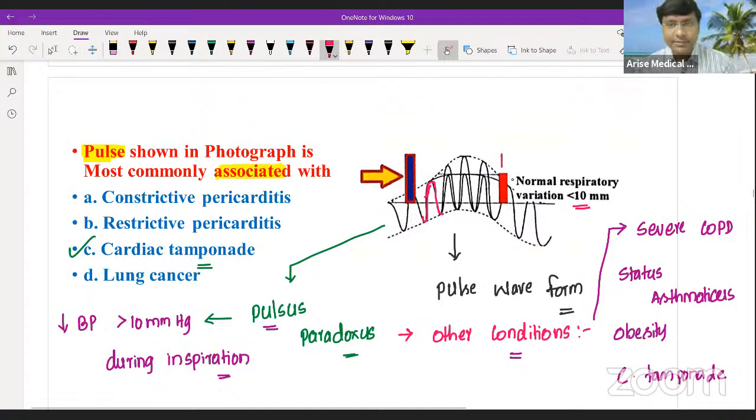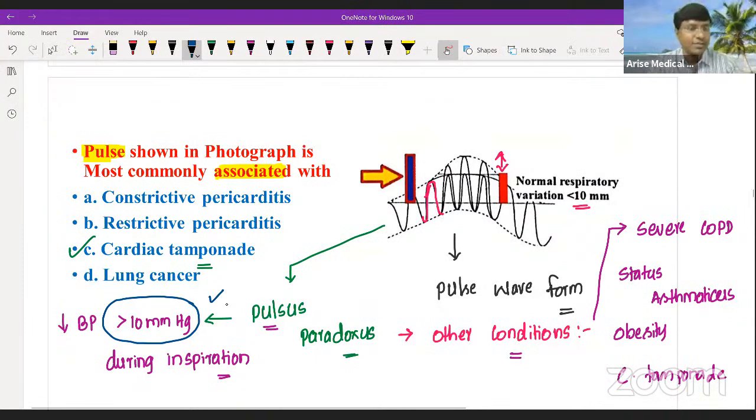But here there is some additional fall. And how much is that additional fall? More than 10 millimeters of mercury. That is what you will see in Pulsus paradoxus, a fall in the blood pressure of more than 10 millimeters of mercury during inspiration.